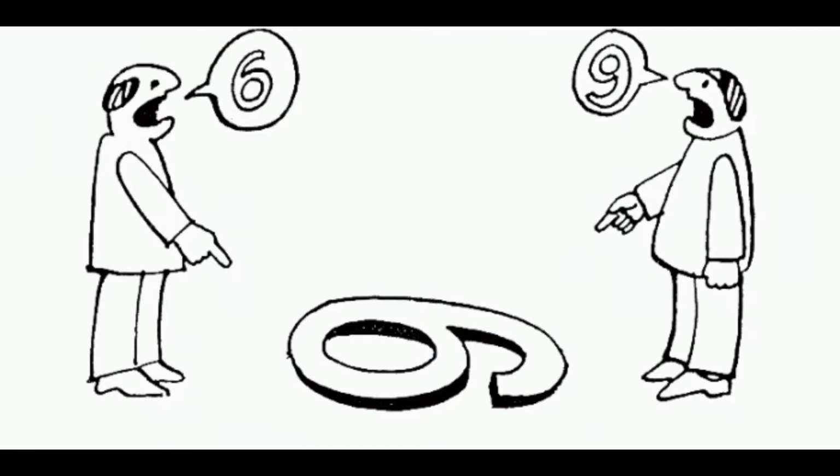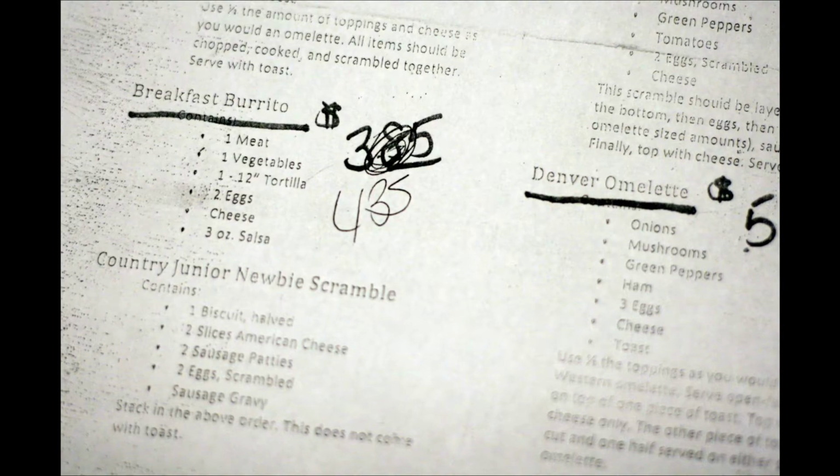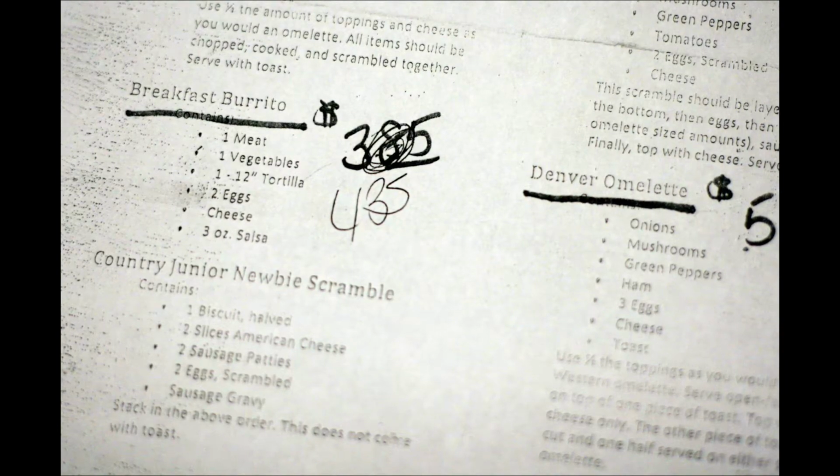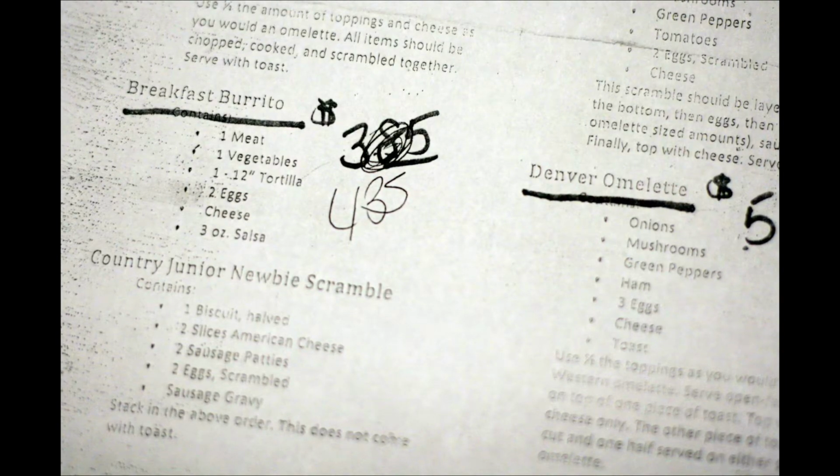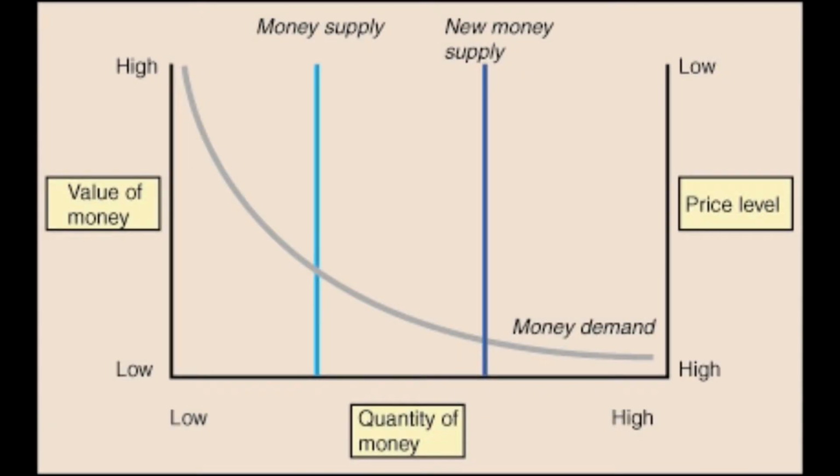This means people's perception of the value of money is not yet updated. But over time, people will adjust and quickly identify the correct value of any goods, taking into account both nominal and real variables. This adjustment can be seen on the graph of the market for money supply.